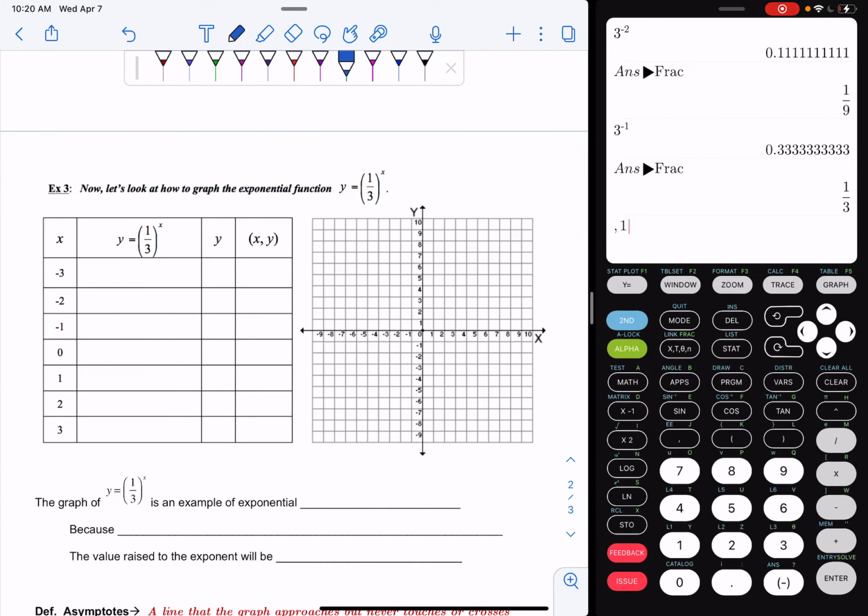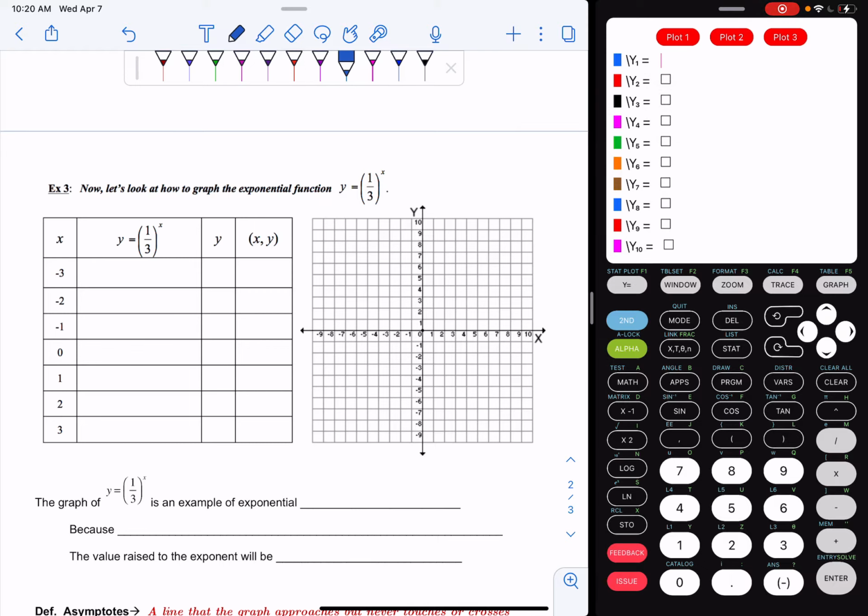In this example, we have y equals (1/3) to the x, and that 1/3 is in parentheses. So we need to make sure that whenever we make a substitution, we put that 1/3 in parentheses. I'm going to clear it, open parenthesis, alpha, y equal, enter, and that makes a fraction. Now I have my 1/3. I'm going to close my parenthesis and raise that 1/3 using the caret symbol to the x.